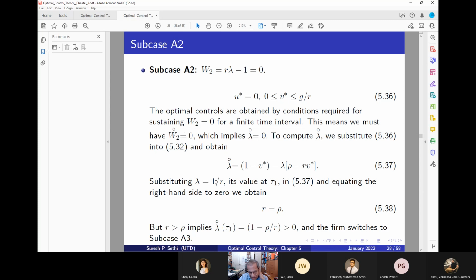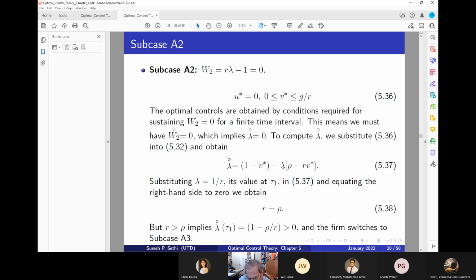So the lambda circle can only be maintained at 0 if r equal to rho. Right? Because that's all we can do. So lambda is 1 divided by r. 1 divided by r times rho becomes rho divided by r. And if r equal to rho, then let me see what's going on.